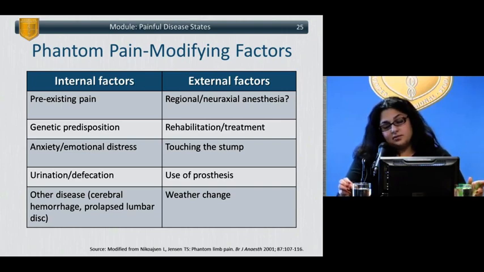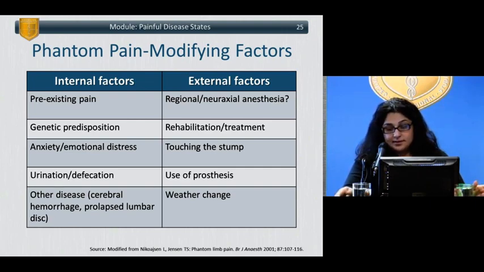External factors that can modify the development of phantom limb pain, well, the whole concept of preemptive analgesia, meaning treating pain before it actually presents, is important, especially in these types of disease states. Performing regional or neuraxial techniques, and we'll discuss that later. But after the amputation, rehabilitation is extremely important, getting the patients into physical therapy and actively participating.